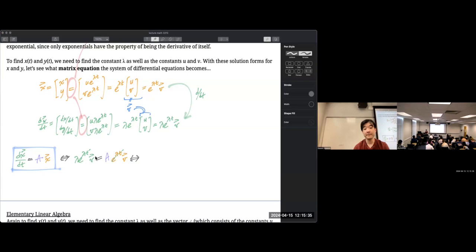So once you cancel out e to lambda t and e to lambda t, which are just scalar expressions that you can divide, you have lambda v on this side, and on this side you have A v. And people usually like to flip this around and say A vector v is equal to lambda vector v.